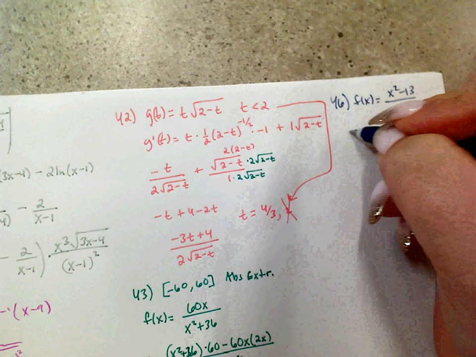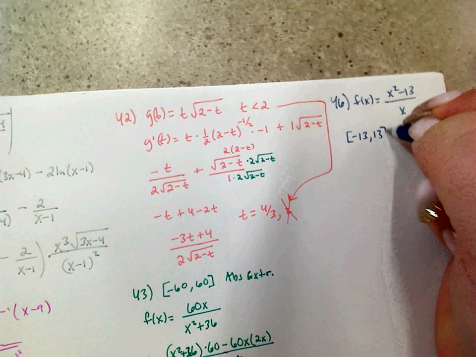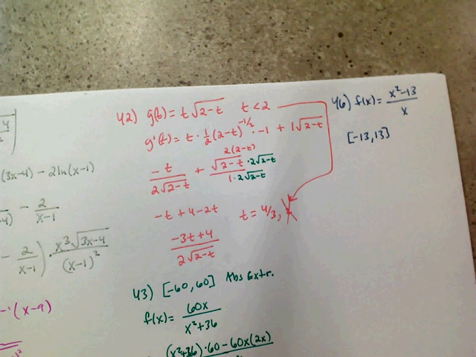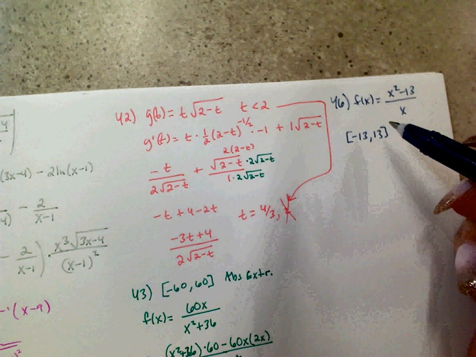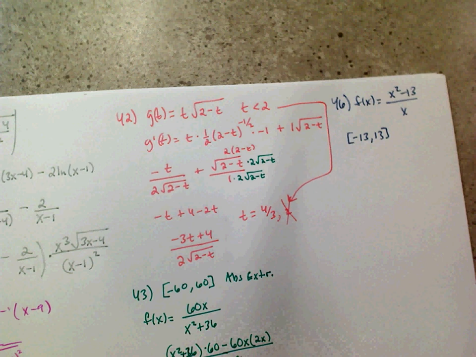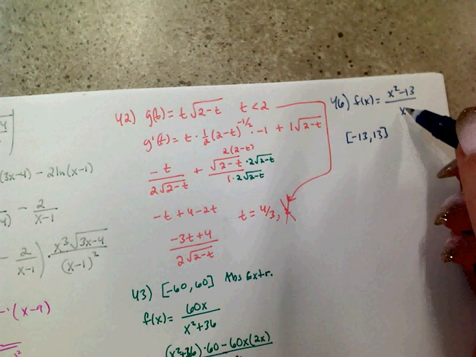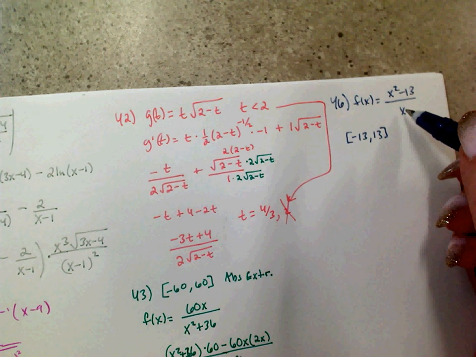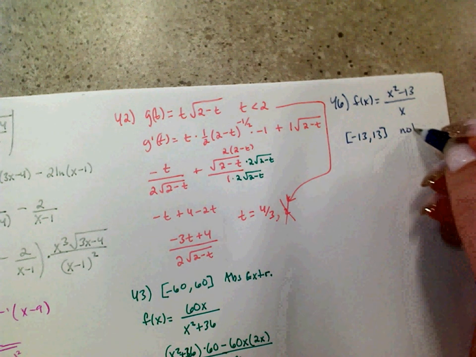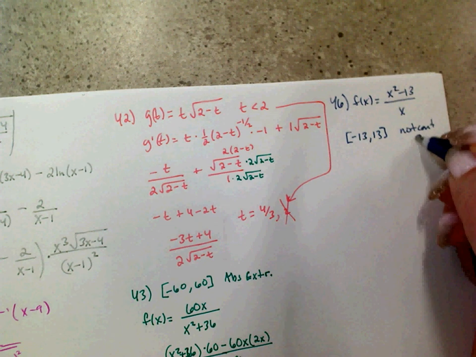So the first thing you have to check for Rolle's to apply is continuity. This is not continuous at 0, even though we can split it up. This would still be not defined at 0. So not continuous at x equals 0, Rolle's does not apply.